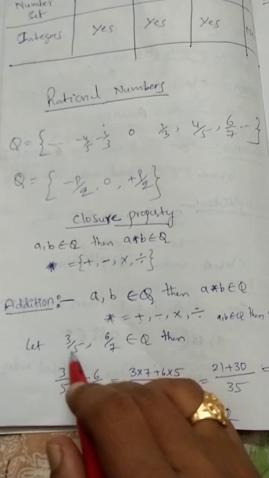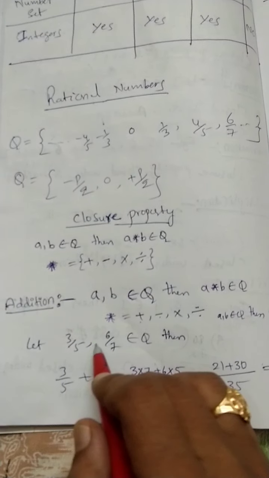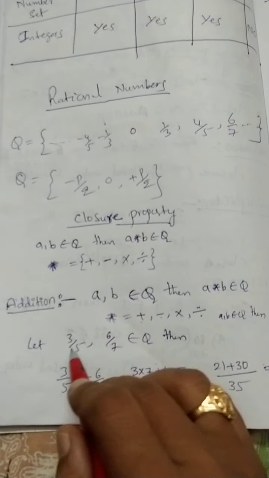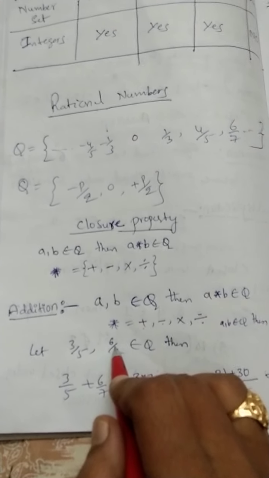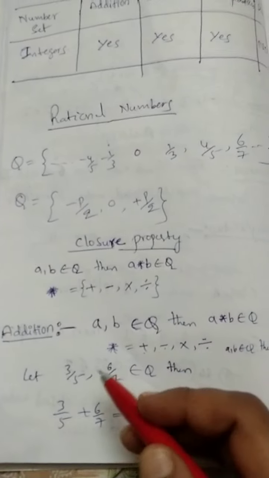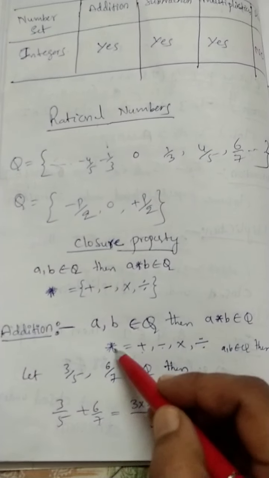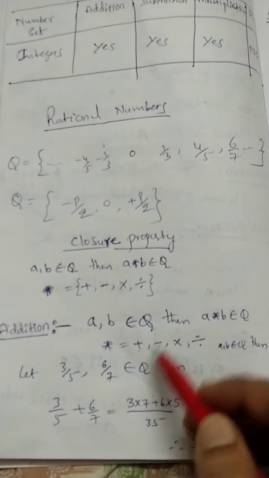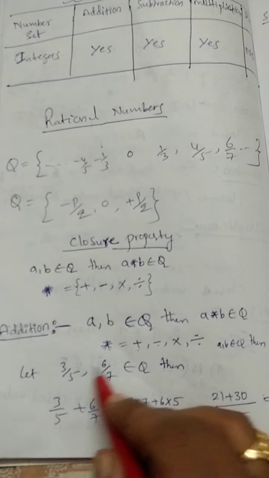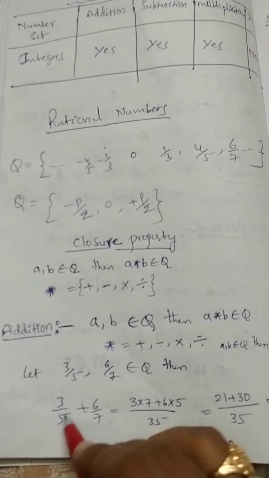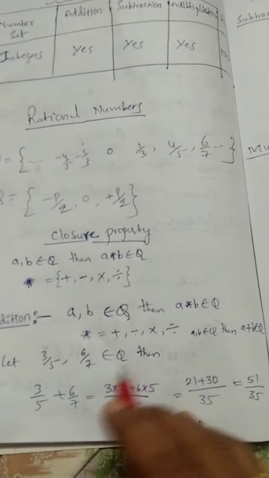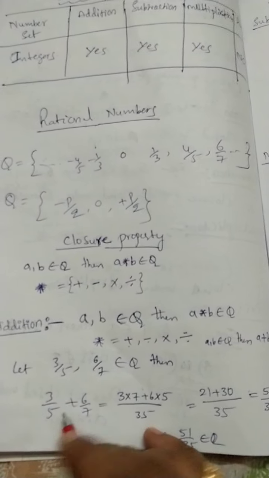Example: a is 3 by 5, b is 6 by 7. These two are rational numbers. Why are we calling them rational numbers? Because these are in p by q form. If these two are rational numbers, then the sum should also be a rational number.